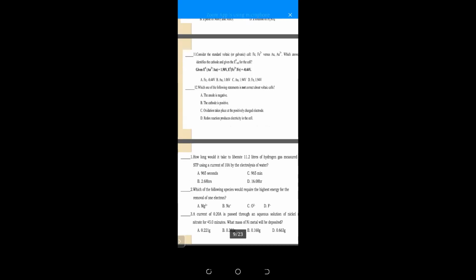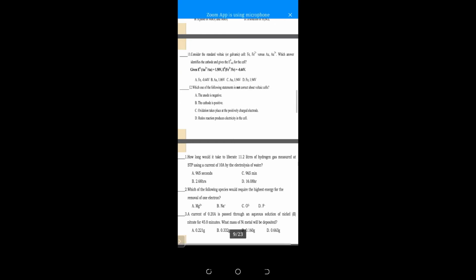okay when you come to question number 11 consider the standard voltaic or galvanic cell it is given Fe+2 versus Au3+.